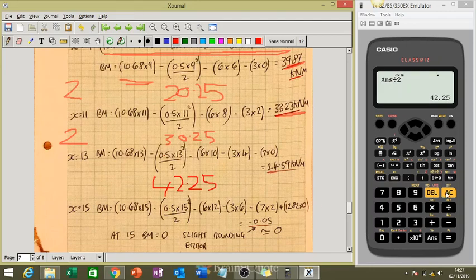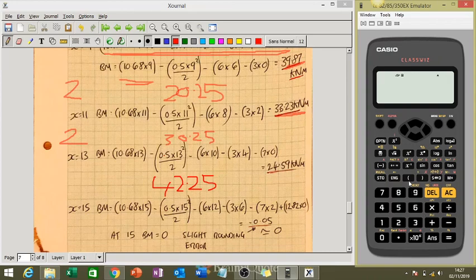I'm just going slowly. 10.68 times 13, because you don't want to make a mistake in the calculator, because this is all correct. You just don't want to put it in incorrectly. Take away 42.25. Take away 6 times 10, 60. Take away 3 times by 4, 12.